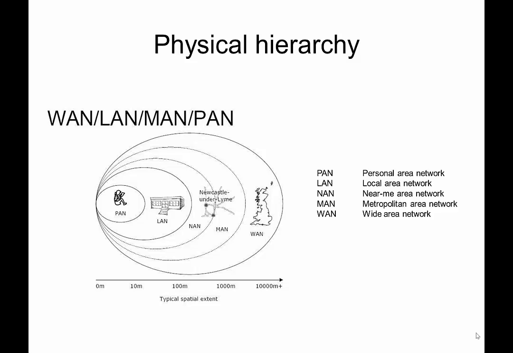So who is putting in the equipment at the UK scale? Who is managing the internet cabling and equipment for the city of Newcastle under Lyme? Of course, there are often competing networks as well, dealing with the same geographical space. So there is this physical hierarchy and also an overlay of sub-networks.